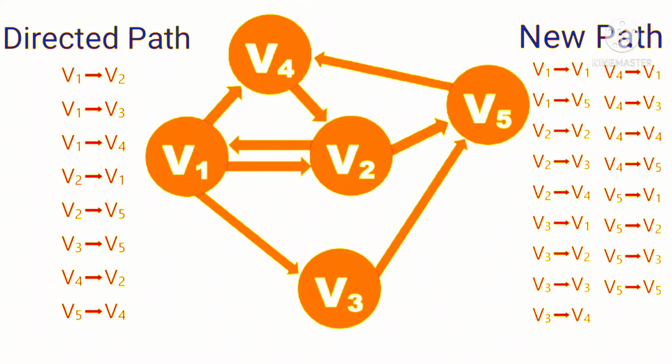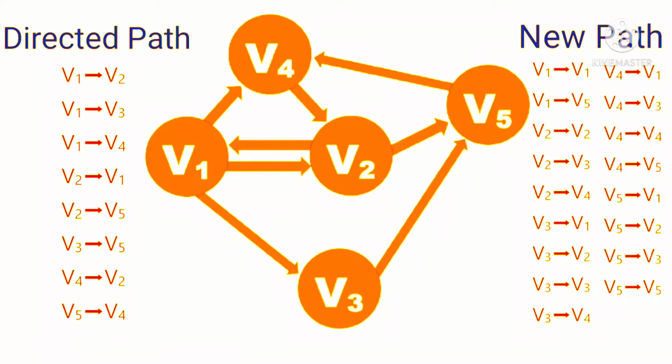V sub 1 has a directed path to V sub 1 and to V sub 5. V sub 2 has a directed path to V sub 2, V sub 3, and V sub 4. V sub 3 has a directed path to V sub 1, V sub 2, itself, and V sub 4. V sub 4 has a directed path to V sub 1, V sub 3, itself, and V sub 5.